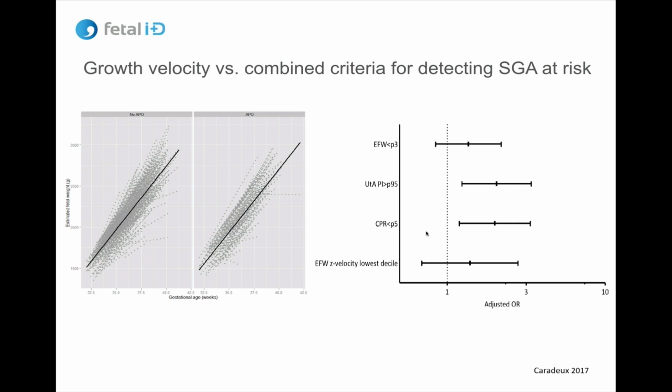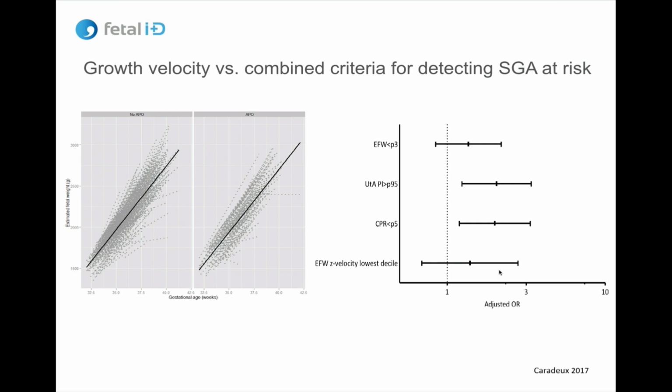So you see, we took like 300 small fetuses and then a very large population of 3,000 fetuses, and we asked which are the parameters that could help us to know if this small fetus was going to do well or was going to be in the higher risk group. The fetal growth centile didn't work in this analysis, but the uterine artery worked very well, the CPR worked very well, and the velocity was the worst. And there are 2 or 3 studies similar to that.